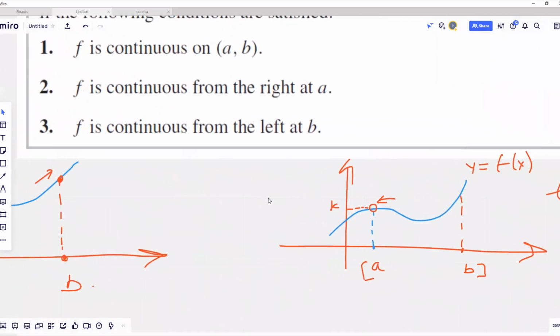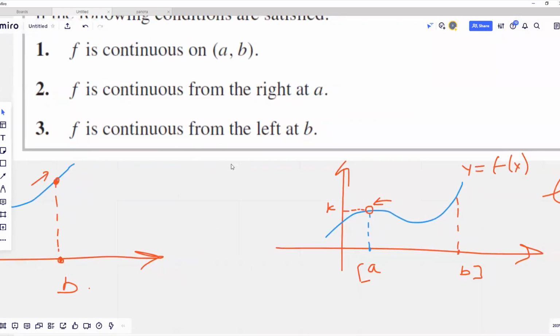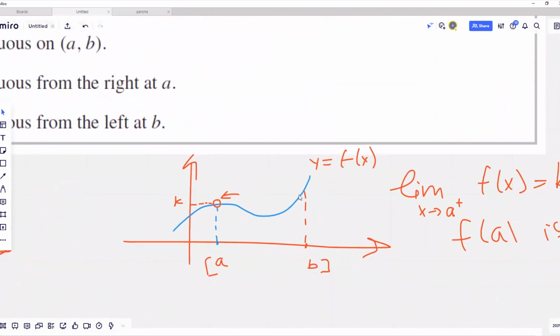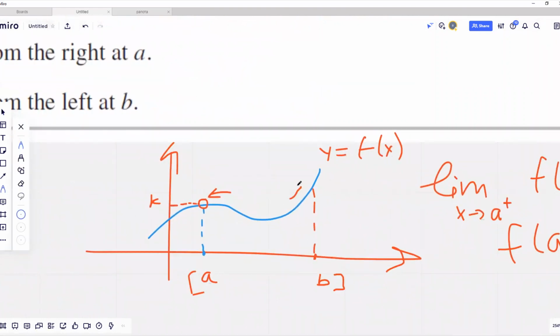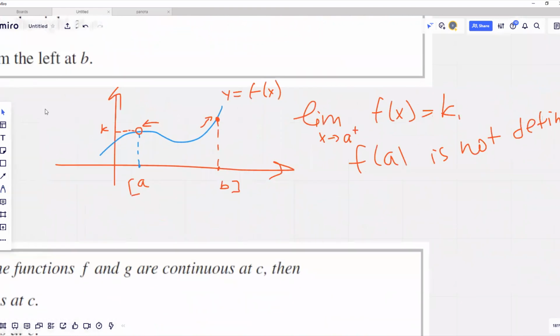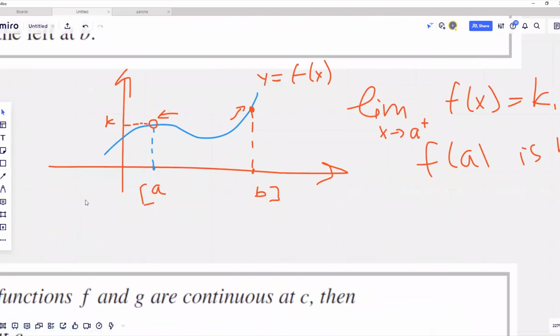Okay, and similarly, f should be continuous from the left at the right endpoint. This condition is satisfied, since the limit as we are approaching the right endpoint from the left side exists. Let's assume that this is some value m.